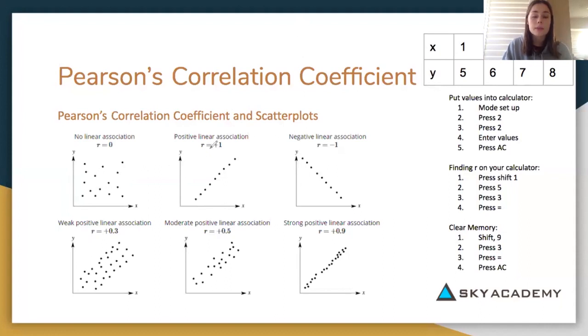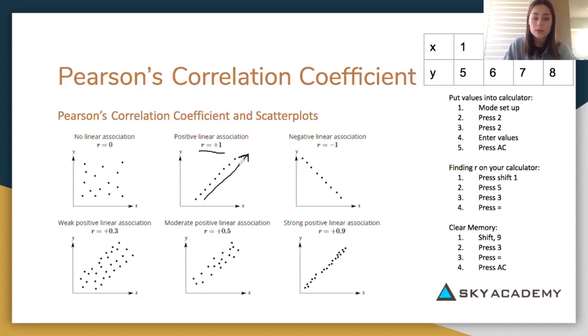The next one here is when it's a strong, pretty much perfect correlation. R equals positive 1. We know it's positive because it's traveling in this direction, and as one increases, the other increases. So as we're increasing along the x-axis, we're also increasing along the y-axis.